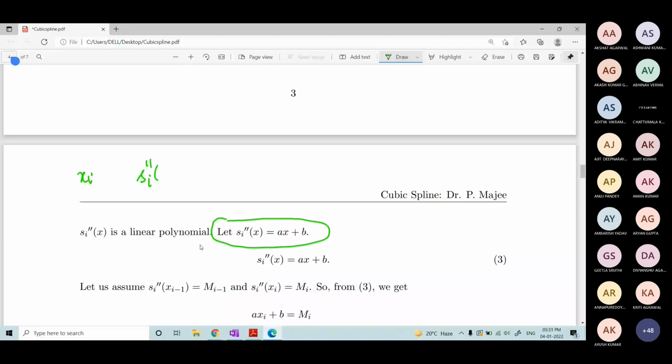Sorry, the unknowns will be more. The unknowns will be n plus 1, because the unknowns are M_0, M_1, M_2 up to M_n. So unknowns are n plus 1. These are the unknowns.